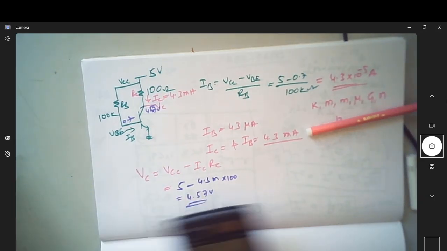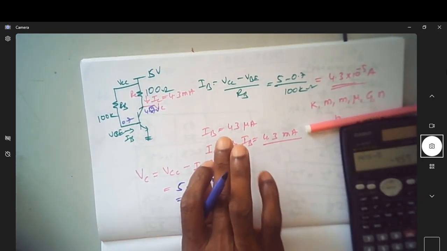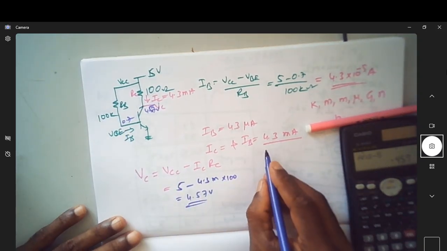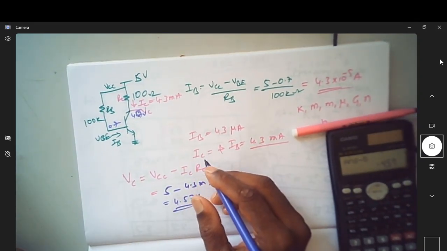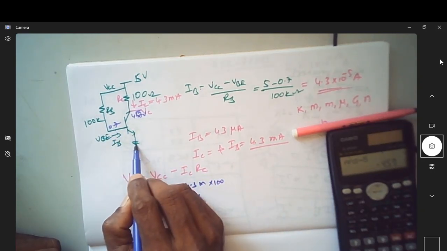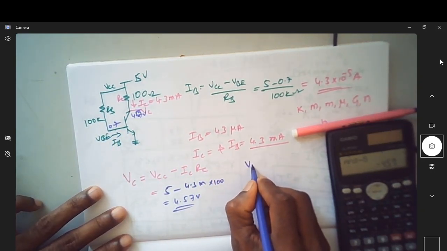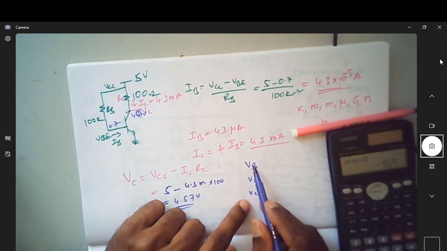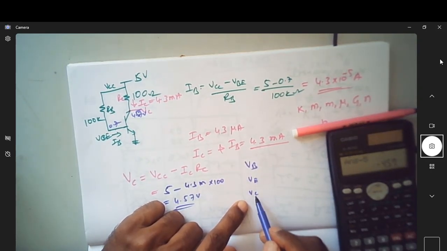Now let us decide the region of operation of this transistor. We know that for the transistor to be in active region, the emitter base junction should be forward biased. Let us write what VB, VE and VC are: base voltage, emitter voltage, collector voltage.